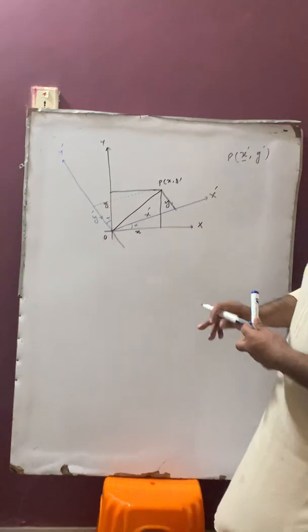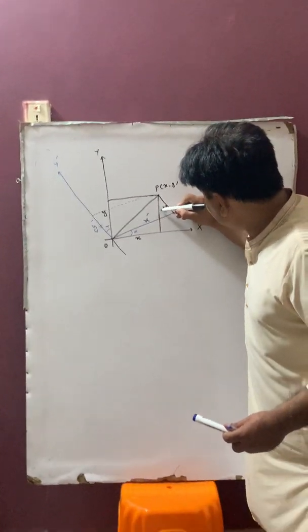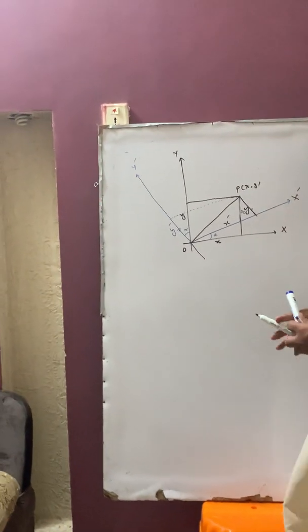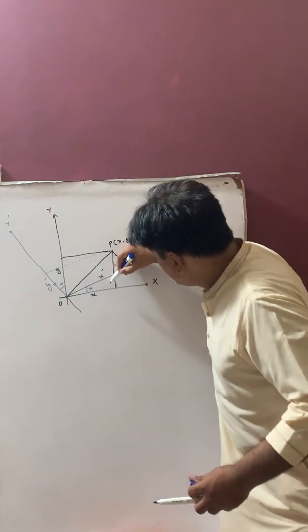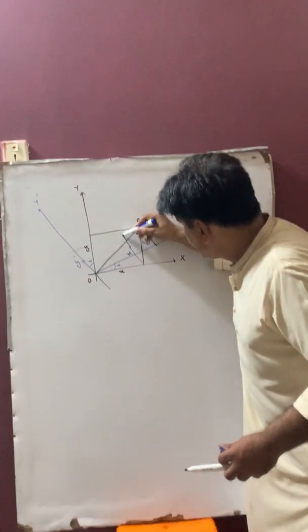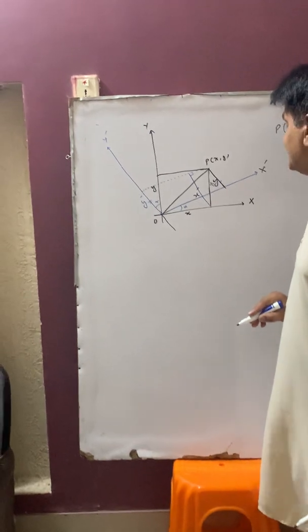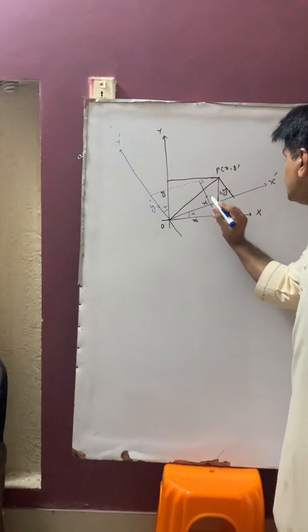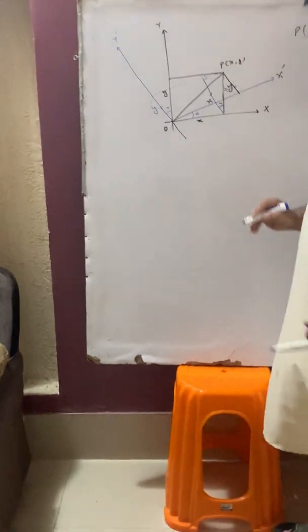Now our new coordinate, this y, can be resolved into 2 components. If we draw a perpendicular from here to here, it will make an angle of 90 and it will be perpendicular. Here the angle will be again alpha.